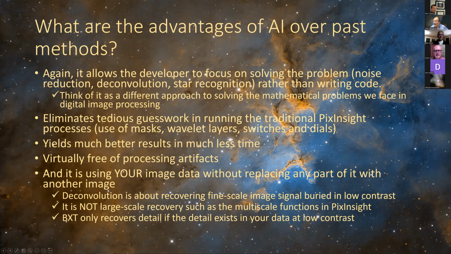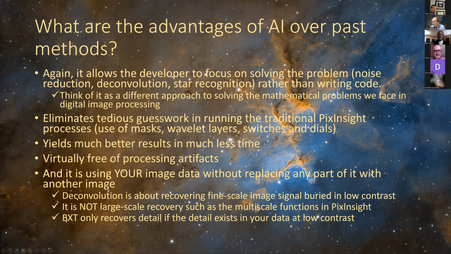They rely upon masks, wavelet layers, switches, dials, all sorts of things. And you have to keep tweaking these things to get it to where you want it to be. The AI will yield much better results in much less time. And it's virtually free of processing artifacts. I know that's one of the issues, that you can over process something in PixInsight and you'll start to see artifacts. And it is using your image data without replacing any part of it with another image that's not yours.